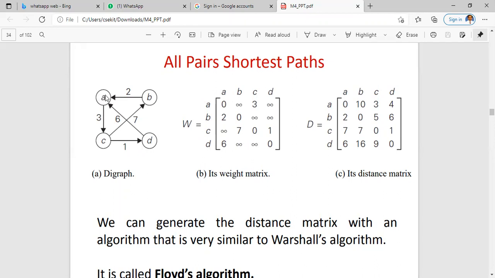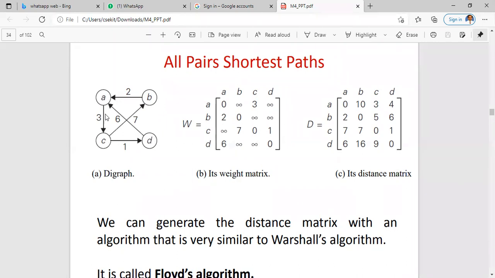Now come for A. From A to B no path, infinity, A to C is 3, A to D no path, infinity. If there is no path, we are writing it as infinity. Next you come for B. So B to A it is 2, B to B 0, no path from B to C as well as D.